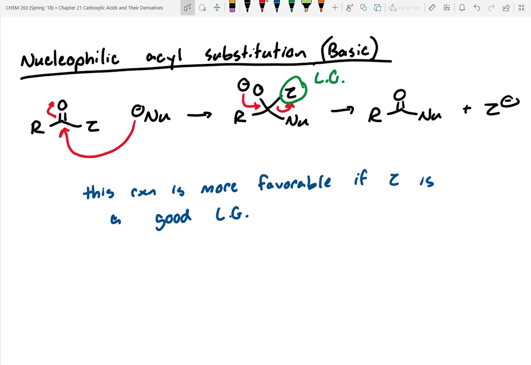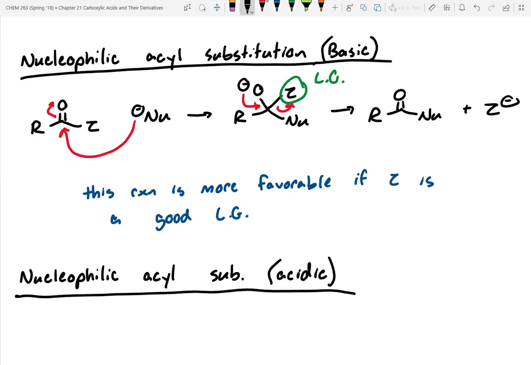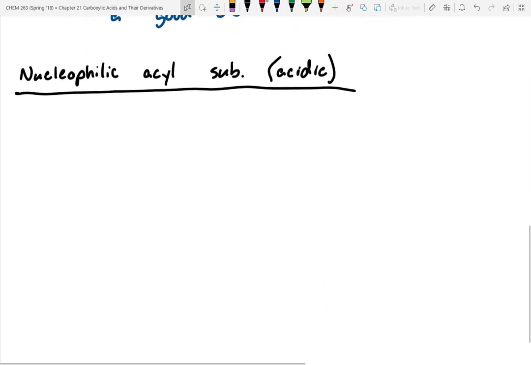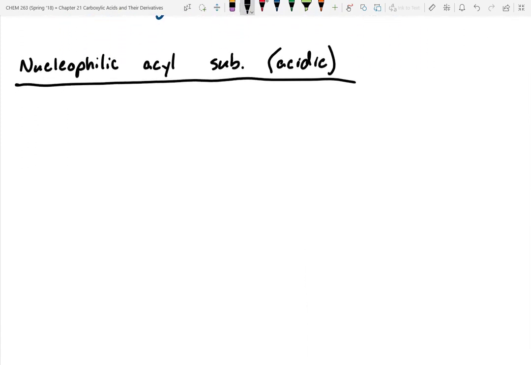Let's look at what happens under acidic conditions. Good thing is this reaction is pretty similar to the reactions we've previously seen.